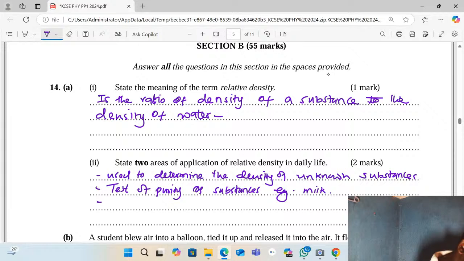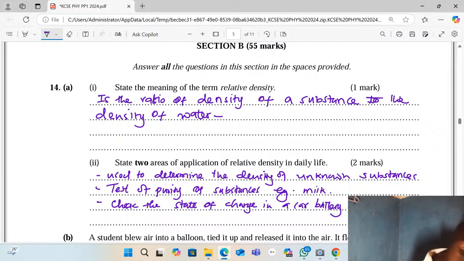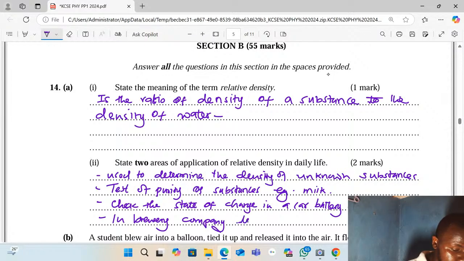It is used to check the state of charge in a car battery, among others. You can also add use in brewery companies to check on alcohol content.